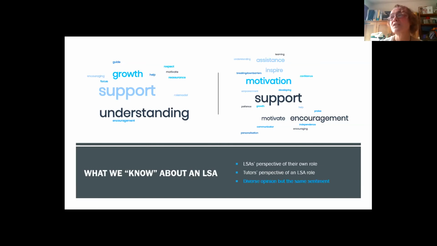I think there's some diversity with the two, but also there's the same sentiment. And I think that's interesting. It made me think that maybe tutors don't actually know what an LSA does, and maybe an LSA doesn't completely understand what the tutor's doing. So there's maybe a lack of communication. And I think that's quite important going forward.